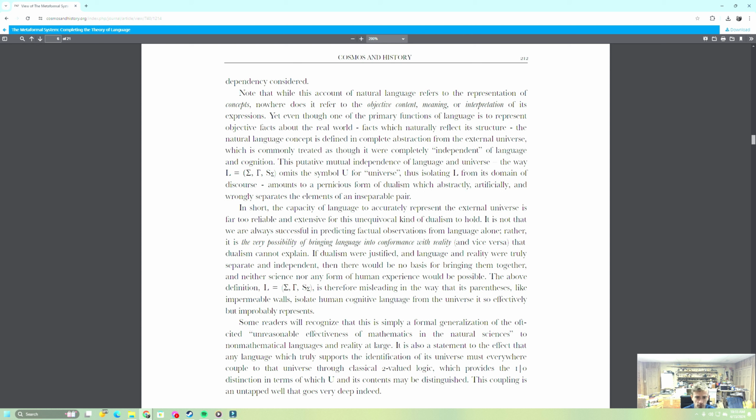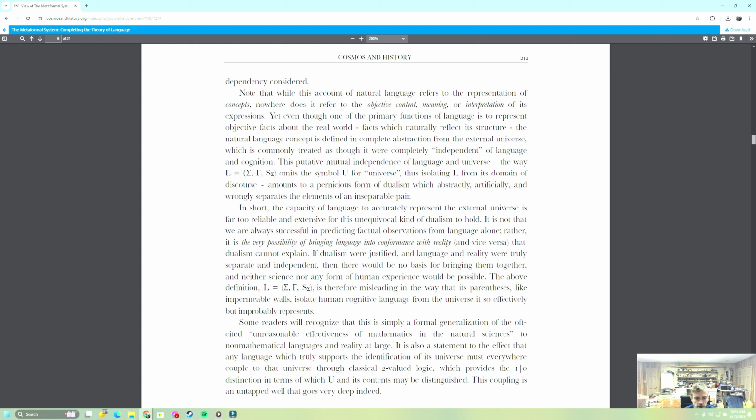In short, the capacity of language to accurately represent the external universe is far too reliable and extensive for this unequivocal kind of dualism to hold. It is not that we are always successful in predicting factual observations from language alone.